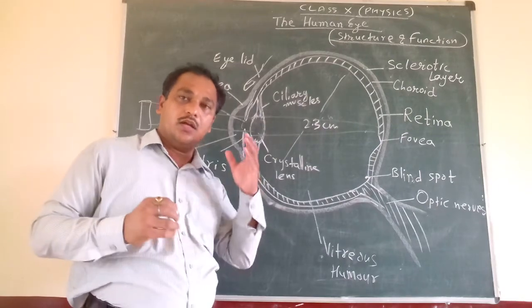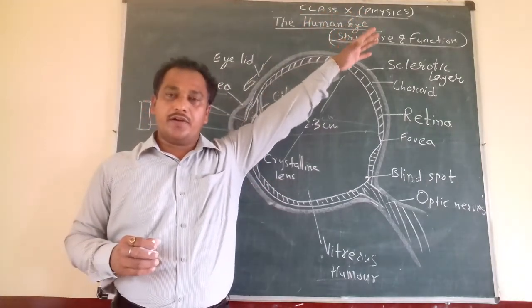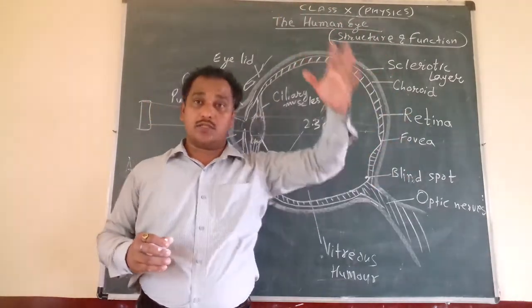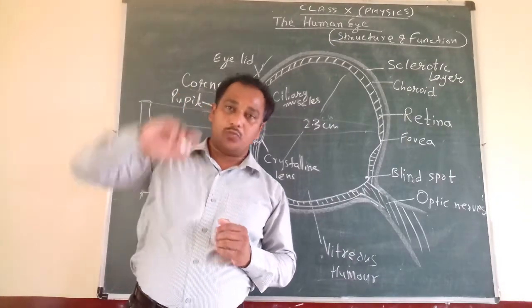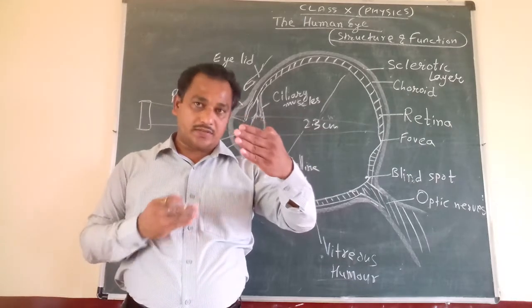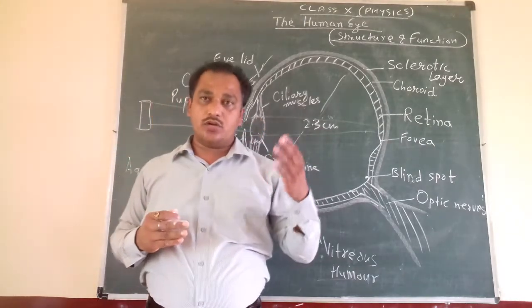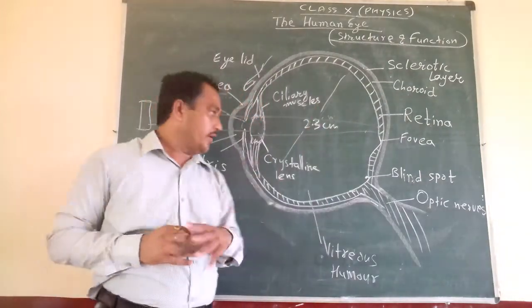That is called the near point, and the maximum distance is infinity, like the horizon, the sky, the stars, which are very far but we are able to see. So the maximum we can see is up to infinity, and the minimum is 25 centimeter. This is called the near point and far point. The near point is also called the least distance for distinct vision, and the far point is infinity.